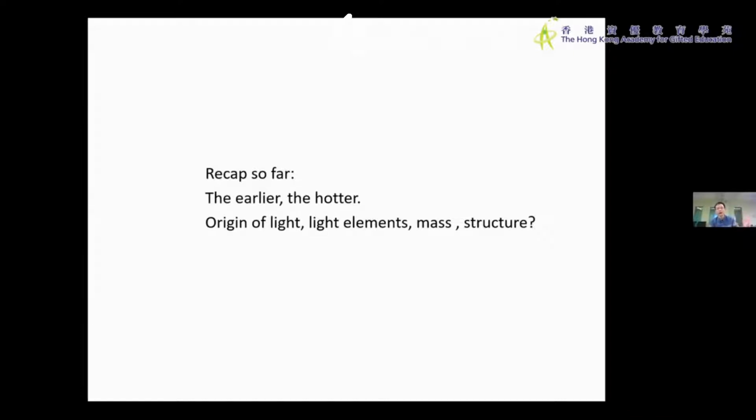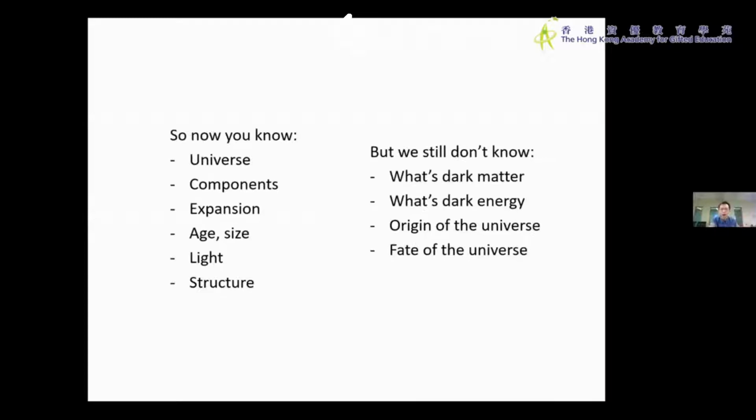Where our light elements come from: the Big Bang nucleosynthesis. And where the structures in our universe come from: gravitational instability. Originally our universe has a little bit of structure, 10 to the minus 5 overdensity, and that gradually grows into the structure of the universe.